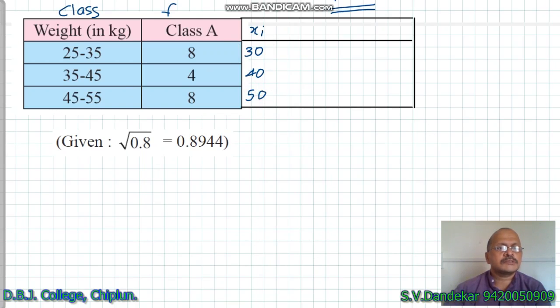The class marks we have written. Now since we want coefficient of variation, we need sigma to calculate. So next I am going to find out xi into fi, but for that I will use the step deviation method, which is beneficial for me.